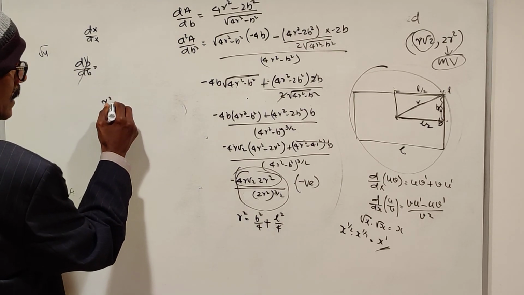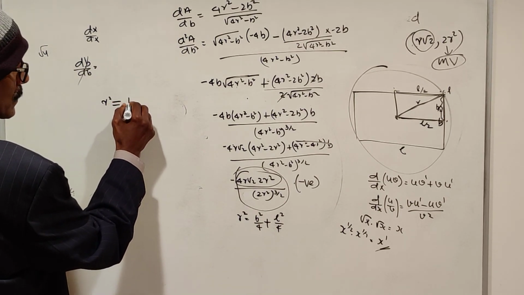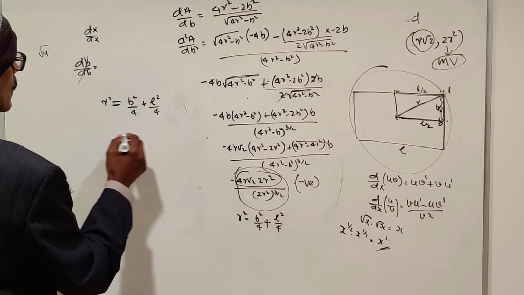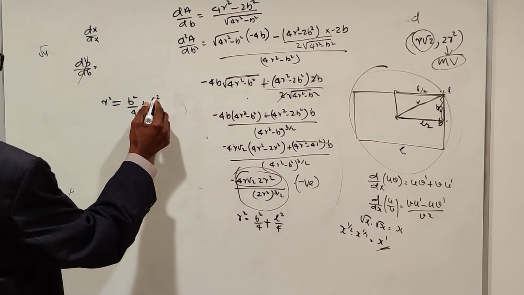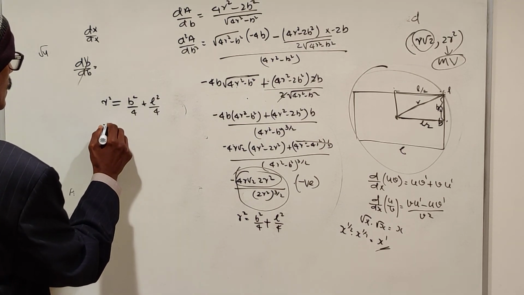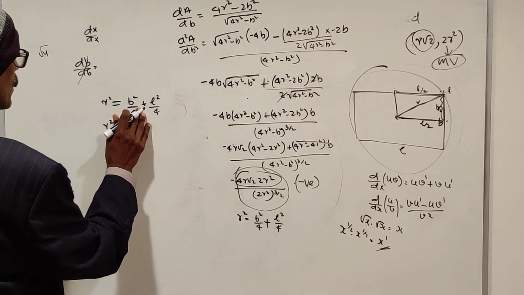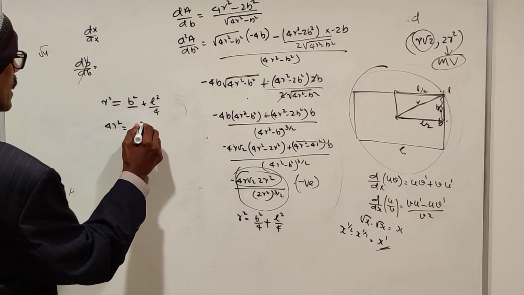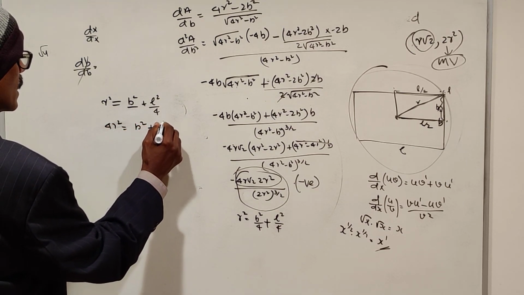Multiplying throughout by 4, so 4R square equals B square plus L square.